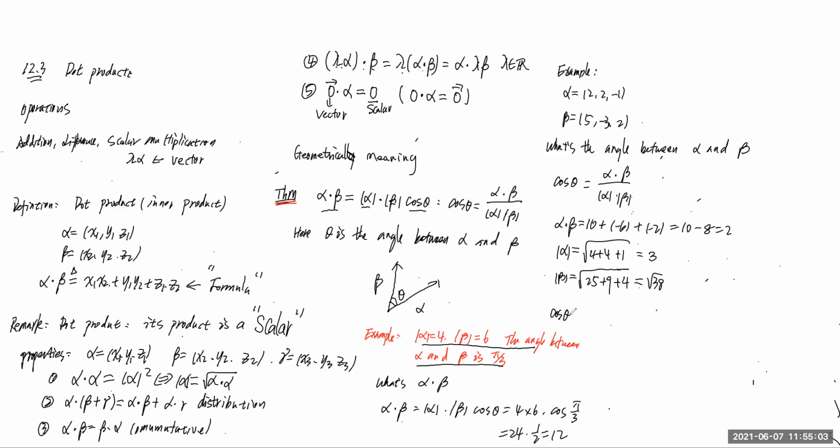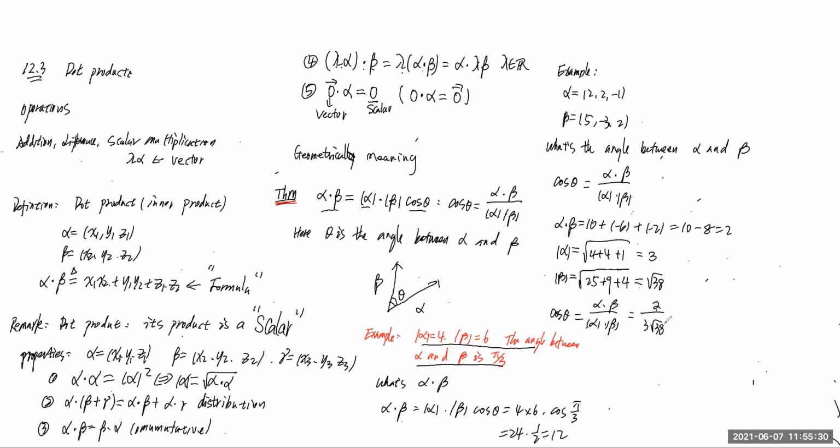Sometimes the student just writes everything together, and it's hard to pick the point where I can give a score. You write everything, okay, I know this, I just made a mistake somewhere. And then this is alpha dot beta divided by the length of alpha times the length of beta. So this is 2 over 3, like this.